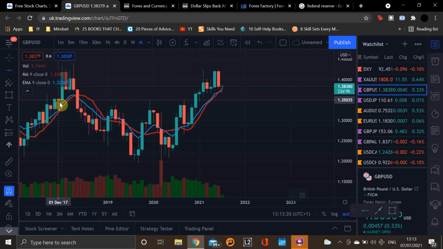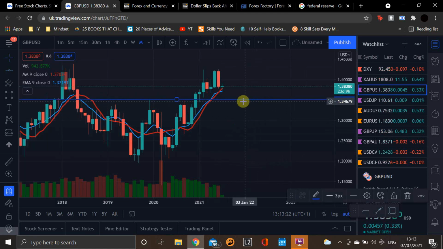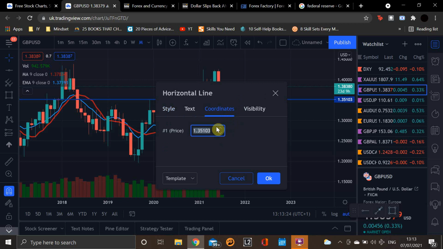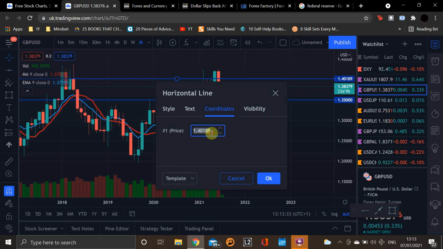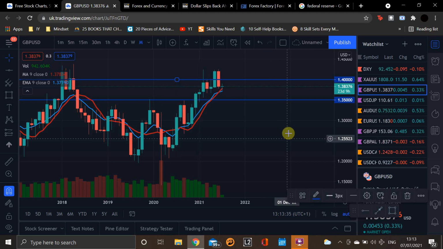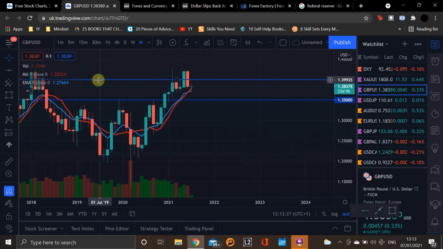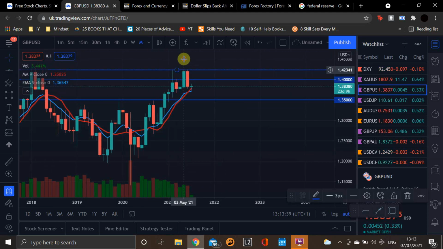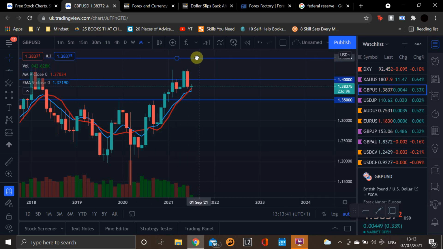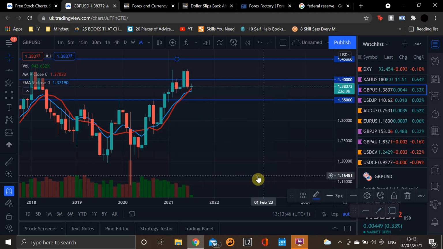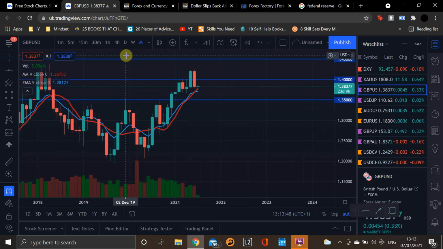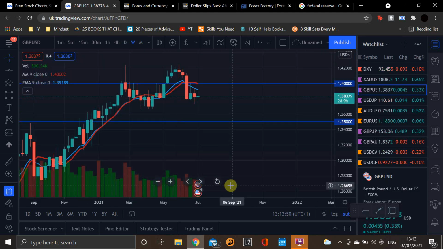I mark this with a horizontal line. That's 135. That's 140. That's 145. So those are the major areas.